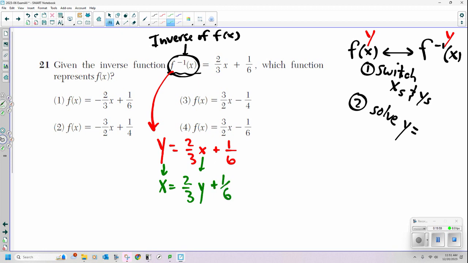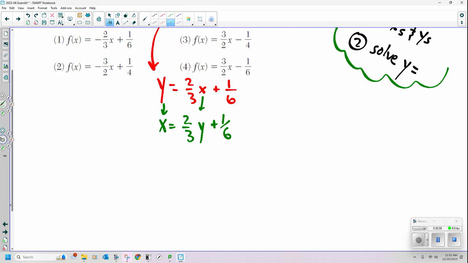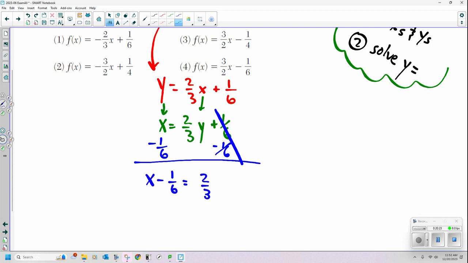And now I just solve for y. If you remember the process, the math behind it is really easy. Let's subtract 1/6 first. Boom. So I get x minus 1/6 equals 2/3 y.